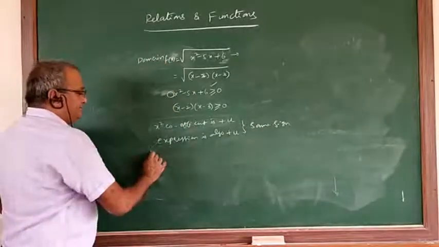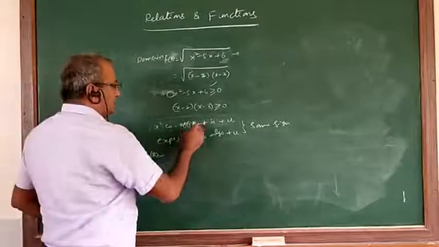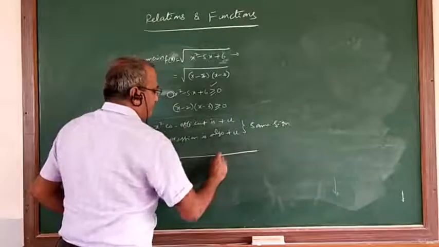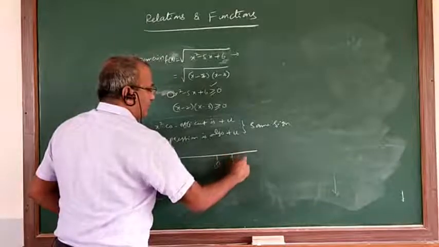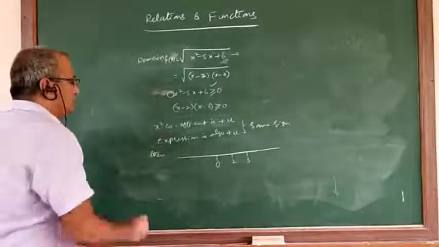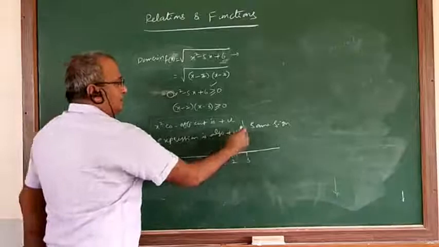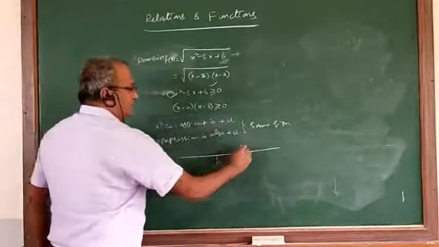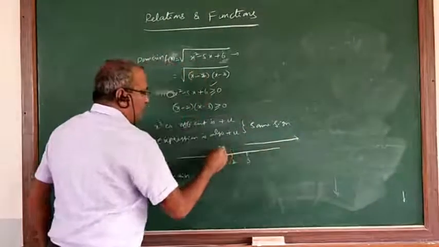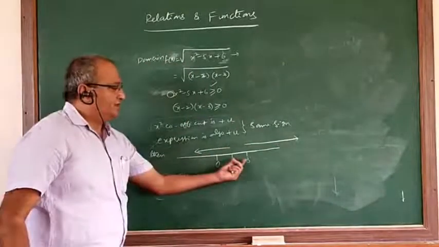So then, for the domain, both are the same sign, positive, then the value of x does not lie between 2 and 3.